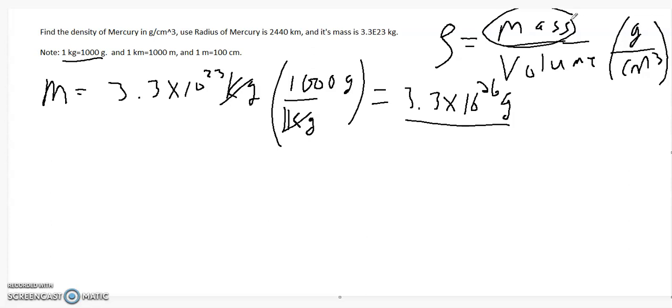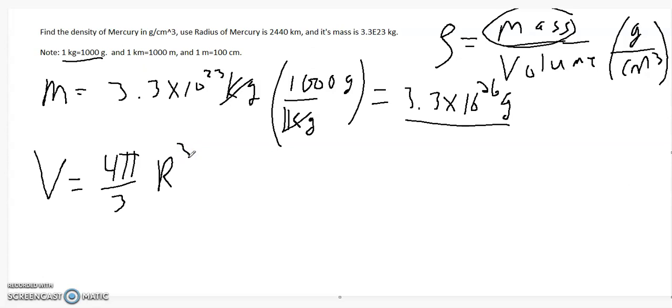But things that are larger than asteroids, minor planets and so forth, and certainly Mercury, which is a full-fledged planet, are spherical. So the volume of any sphere is equal to 4 times pi divided by 3, times the radius to the third power. This is just a basic thing from geometry.